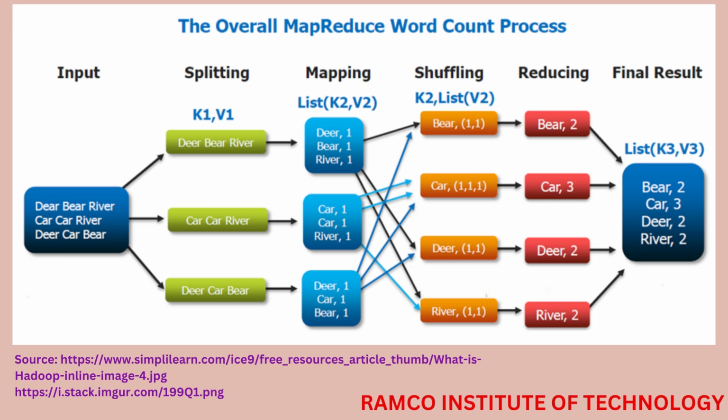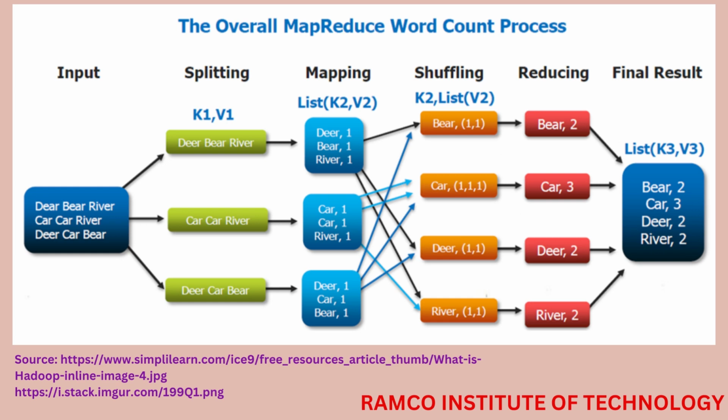After shuffling, it enters the reducing phase. Finally, we have keys along with their values. Car has a frequency of 3. River has a frequency of 2. Deer has a frequency of 2. This is how MapReduce counts the frequency of each word present in the given input text.